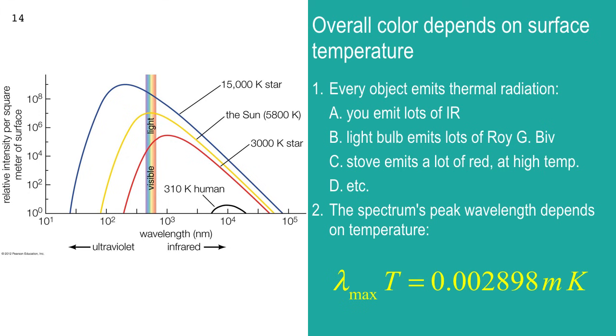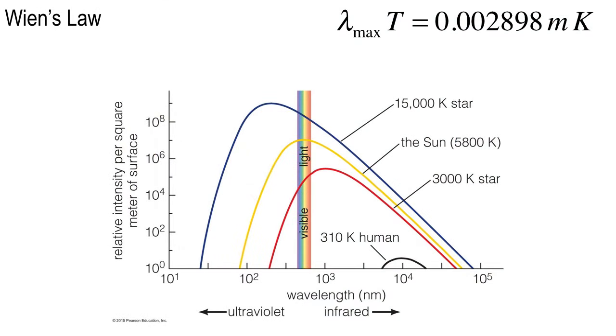The peak, or lambda max, wavelength times the Kelvin temperature of the object is always going to equal, if it's not interfered with or behind some kind of filter, 0.002898 meter kelvins. There it is up at the top, Wien's law or Wien's displacement law.